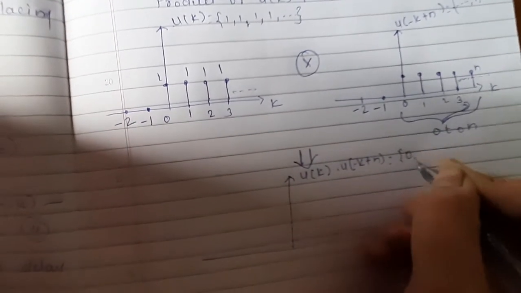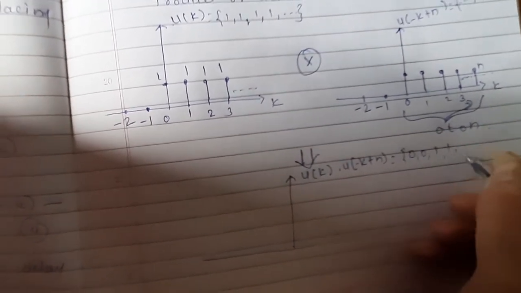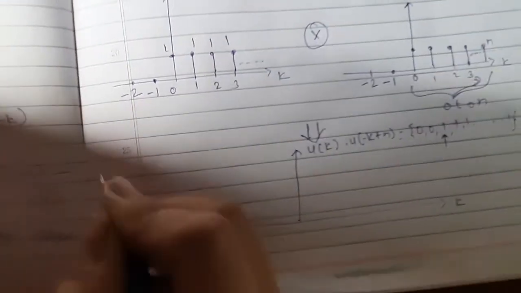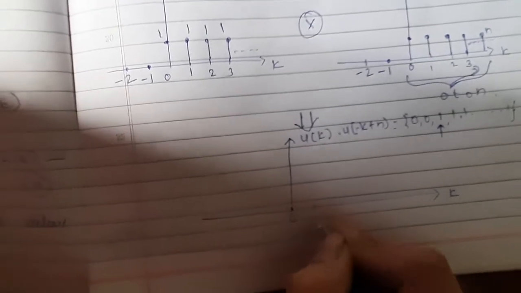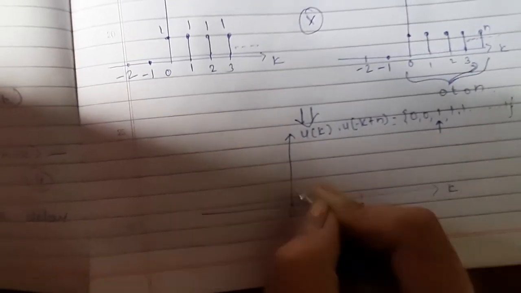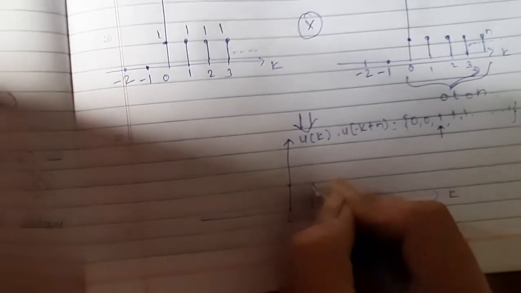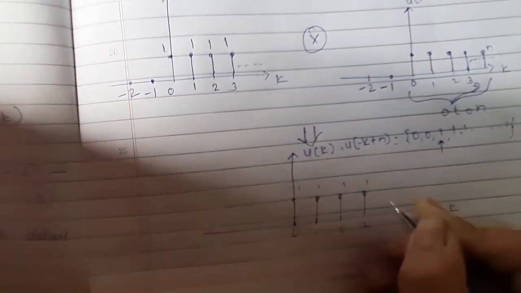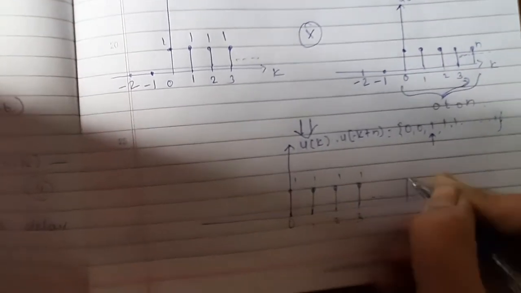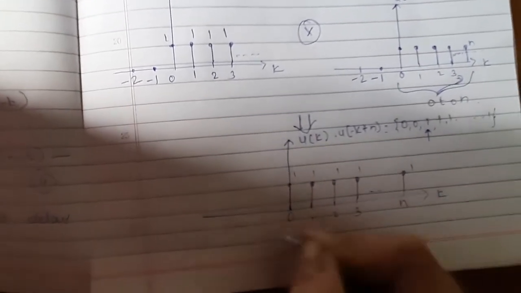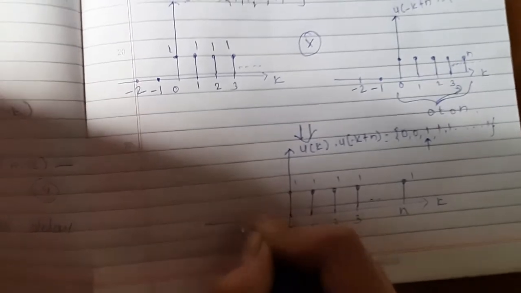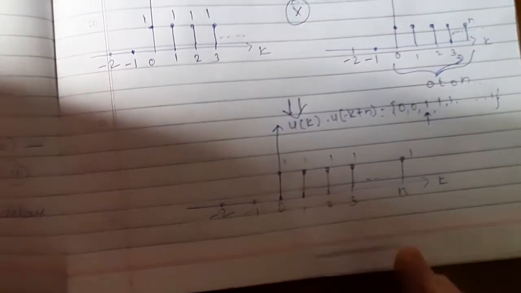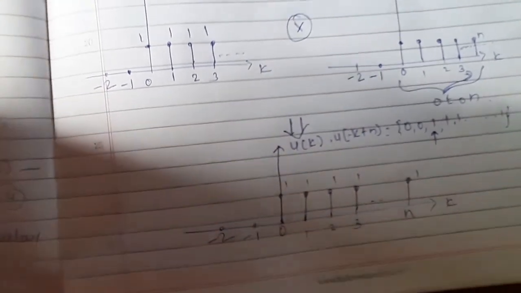It is 0 0 1 1 1 dot dot 1. This value is at x of 0. So this is a product of u of k and u of n minus k.